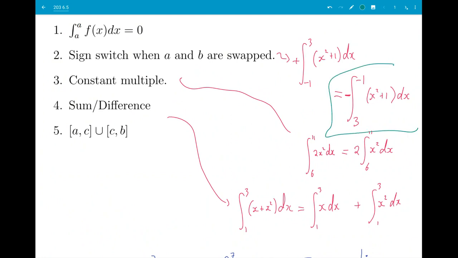This thing here looks weird, but we can still calculate it. There's still a way to calculate it. So there's no requirement that this number be smaller than this number.